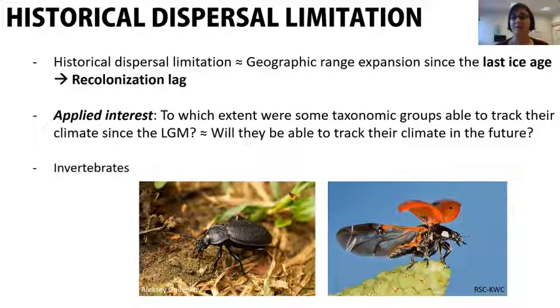If we identify this signature as the result of incomplete recolonization and historical dispersal limitation, then we can try to see if in other invertebrates or in other taxa in general we see the same signatures, because those could be indicative of strong dispersal limitation.